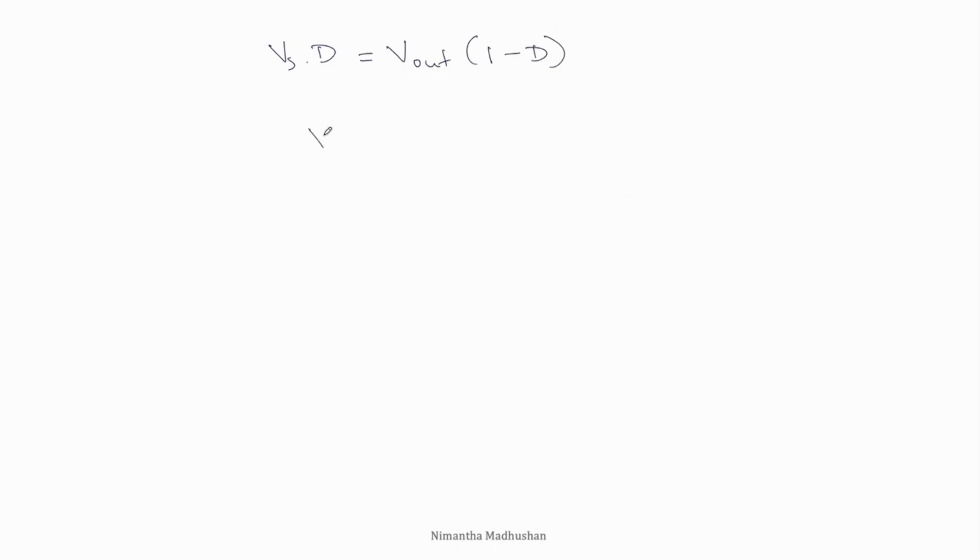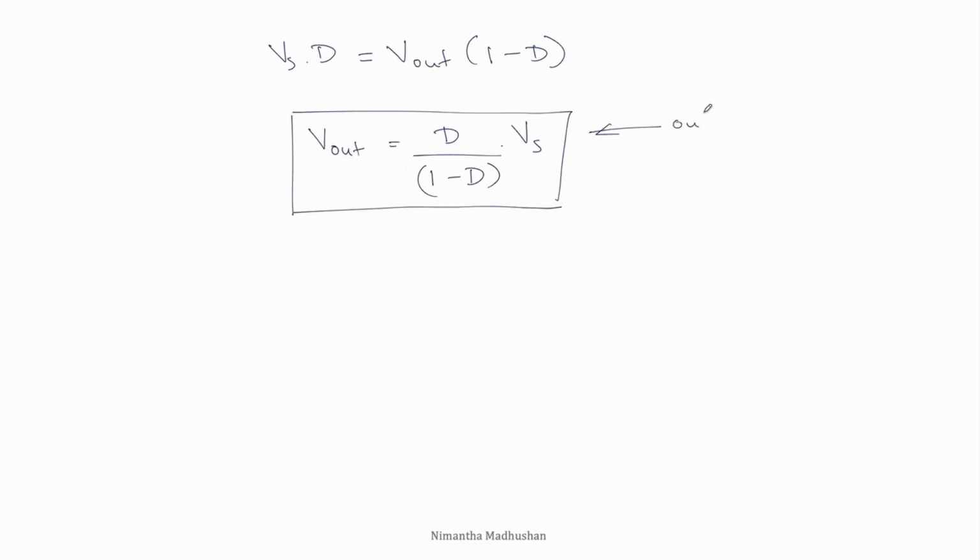From this, we can write Vout is equal to d over (1 minus d) times Vs. This is the equation for the output voltage of a buck boost converter.